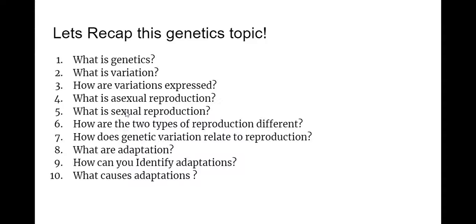What is sexual reproduction? Sexual reproduction means a female and a male create an offspring. Unlike asexual, where only one parent is needed to create an offspring, in sexual reproduction two parents are needed to create an offspring. So we have two parents, and in sexual reproduction we get genes from both parents.